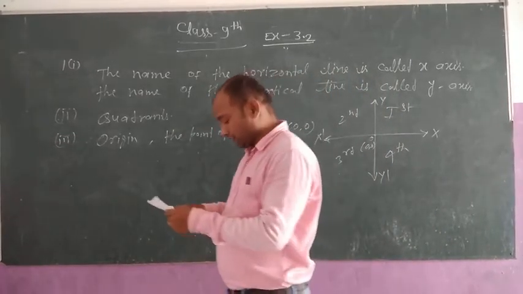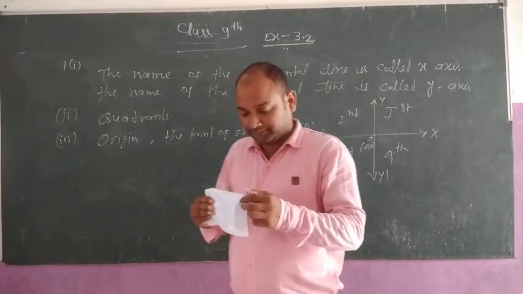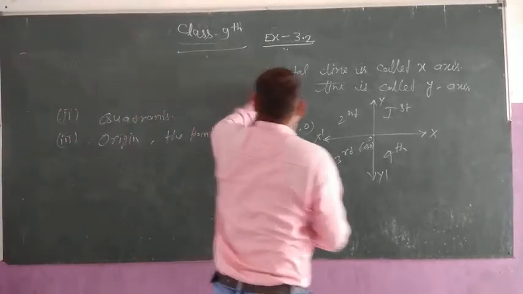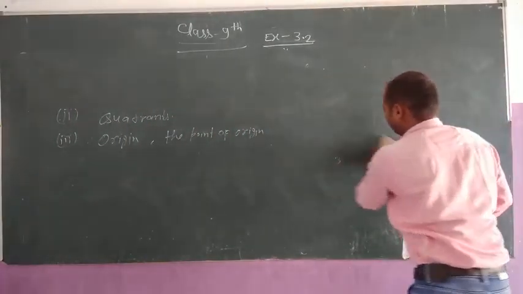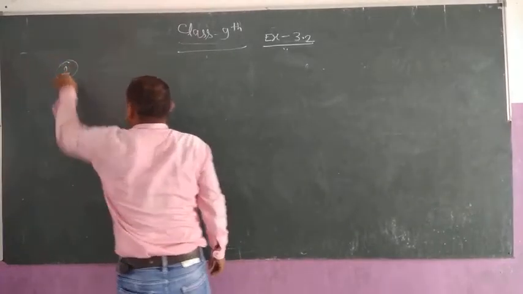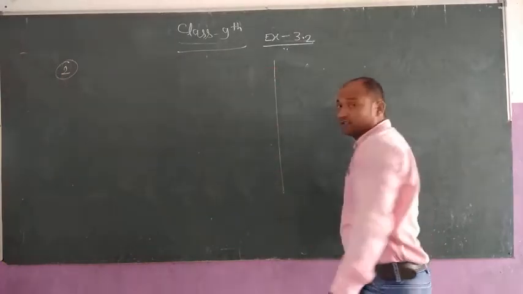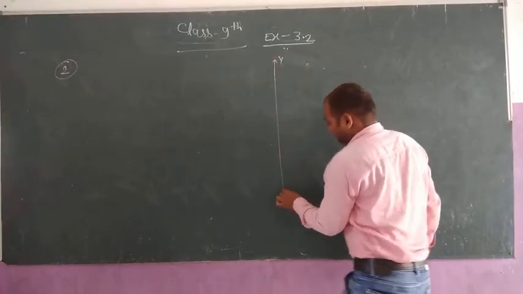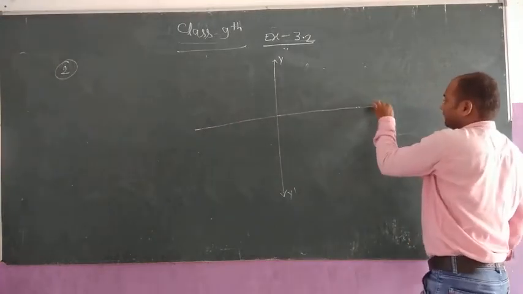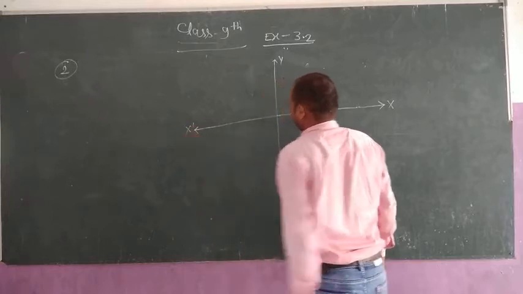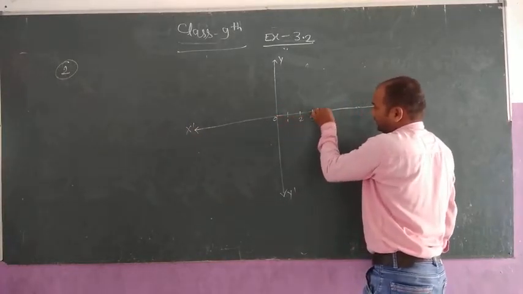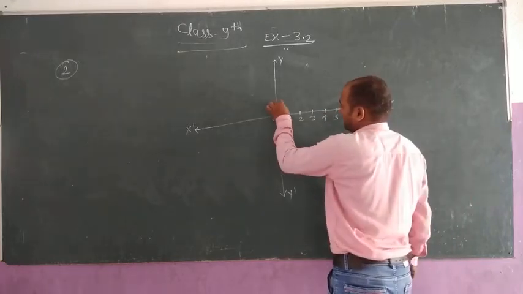Next, question number second. This is the vertical line, means y axis, and this is the horizontal line, means x axis, and this is the origin. 1, 2, up to 6, and this is also positive.